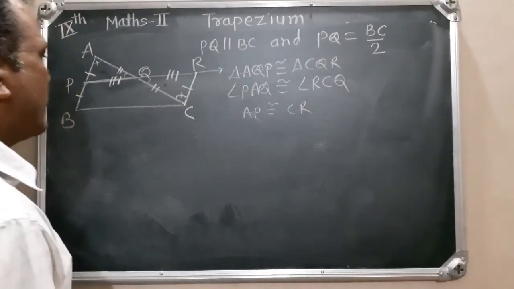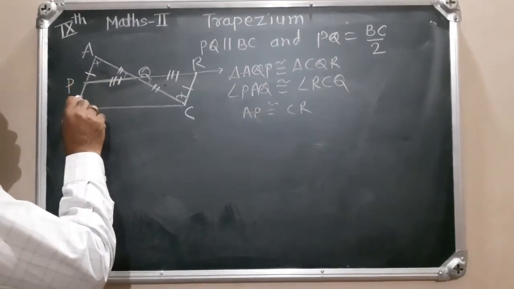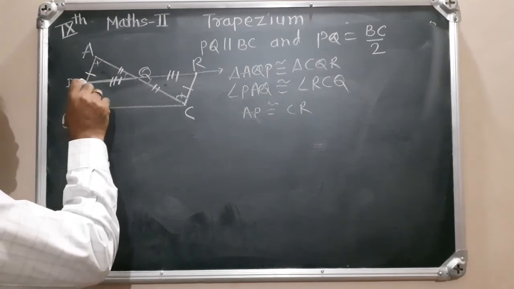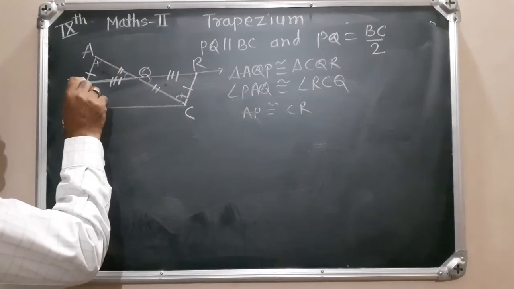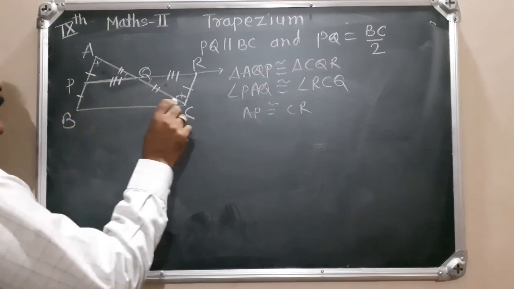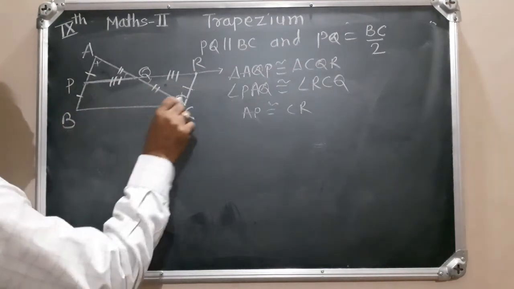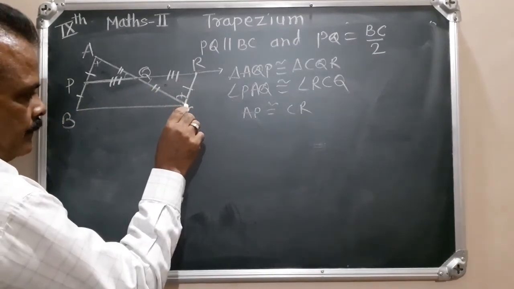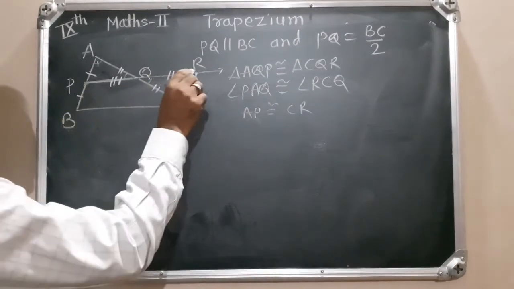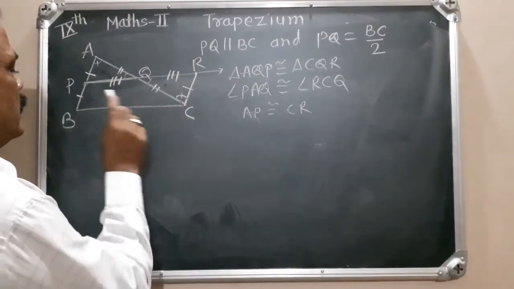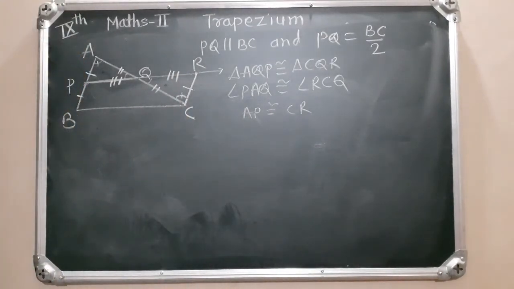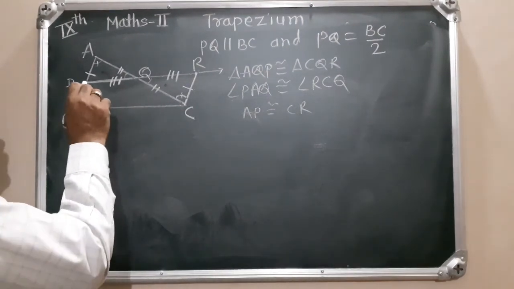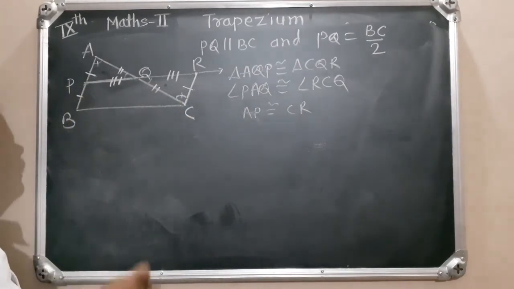Now AP is congruent to PB because P is the midpoint of AB. That means in this quadrilateral PBCR, this side PB is congruent to RC and PB is parallel to RC. If one pair of opposite sides of a quadrilateral is parallel and congruent, then that quadrilateral is a parallelogram.